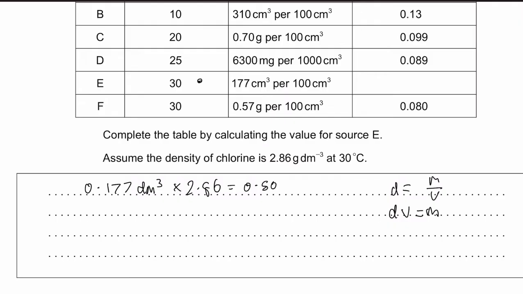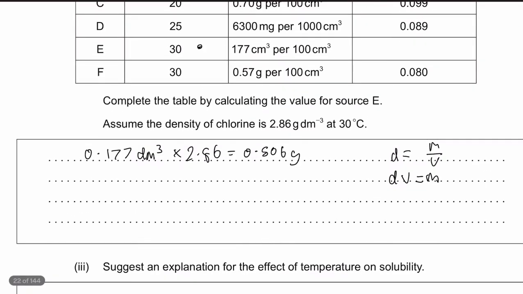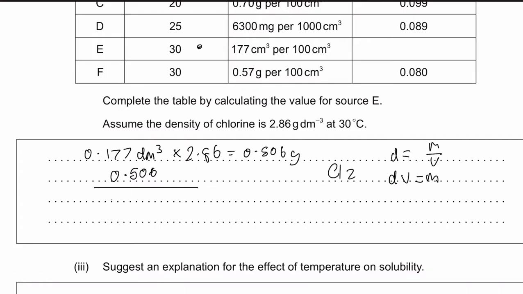0.506 grams. And with 0.506 grams we can calculate our concentration. First, we need to get the moles, right? So to get the moles, we just divide it by our molar mass for chlorine, chlorine gas in this case, which is Cl2, so which is going to be 70.9. And then we're going to convert this to a concentration, right?